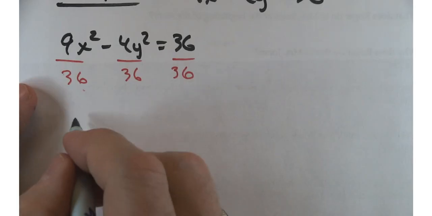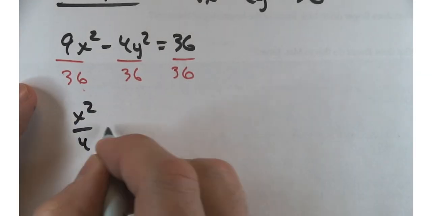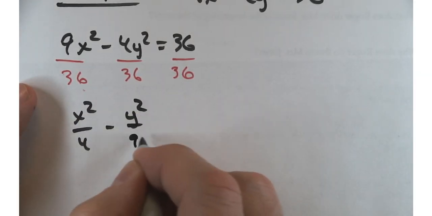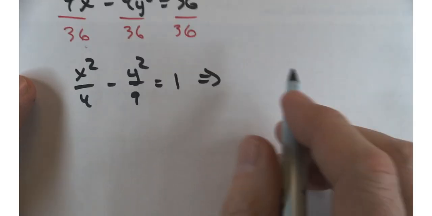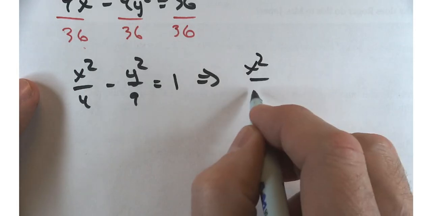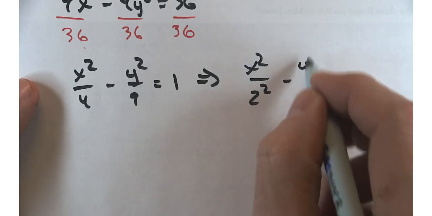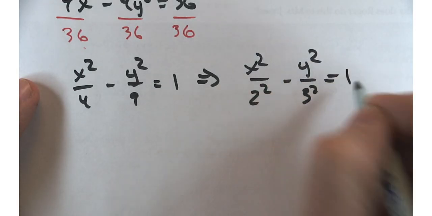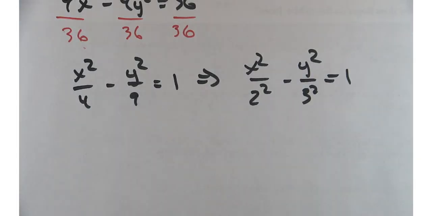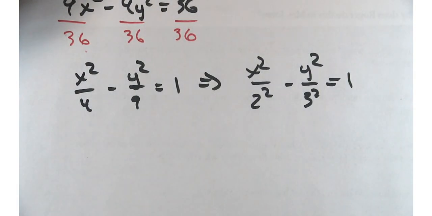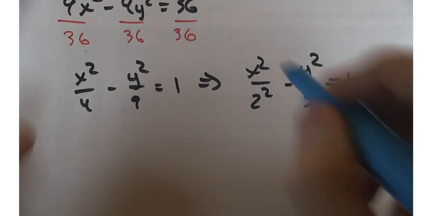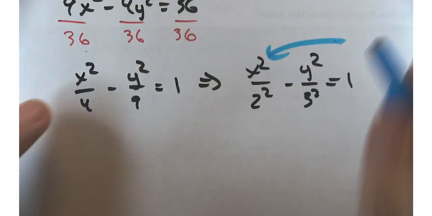That'll simplify down to x squared over 4 minus y squared over 9 equals 1. And I'll probably rewrite that one last time. X squared over 2 squared minus y squared over 3 squared. And Antonio mentioned that this opens left and right.